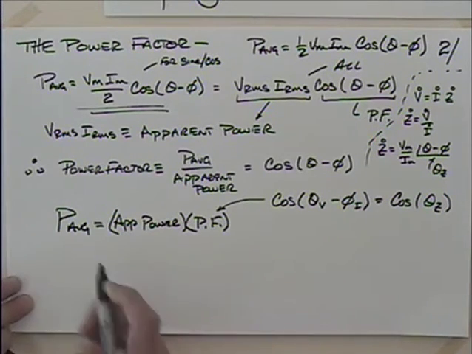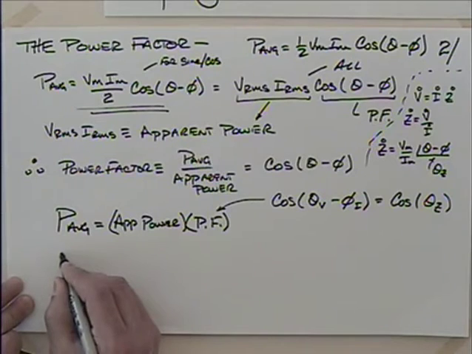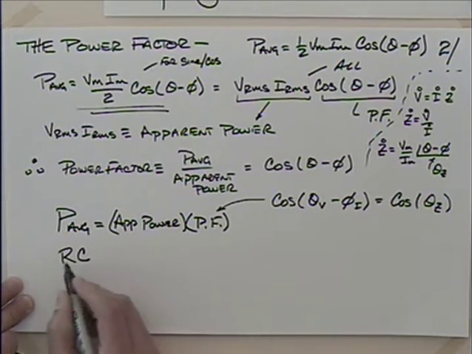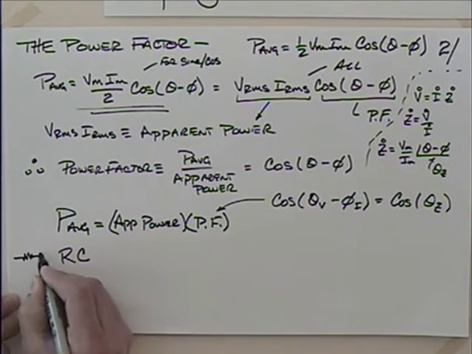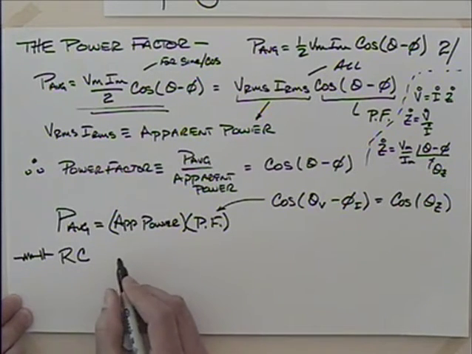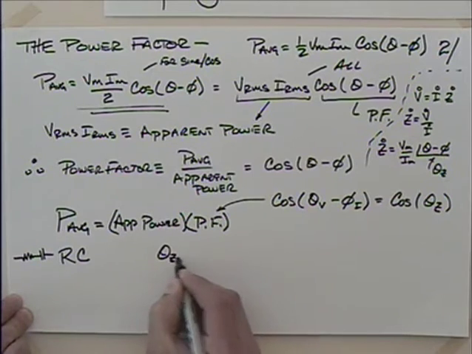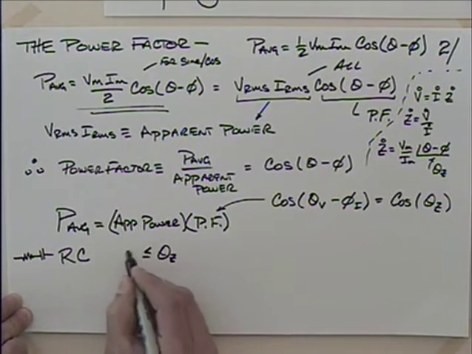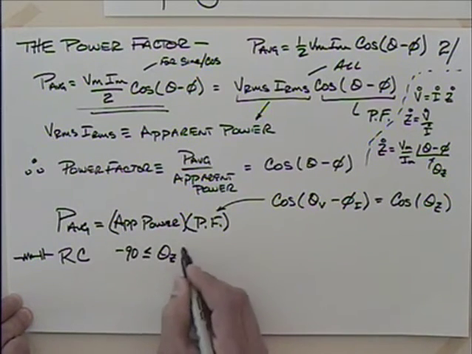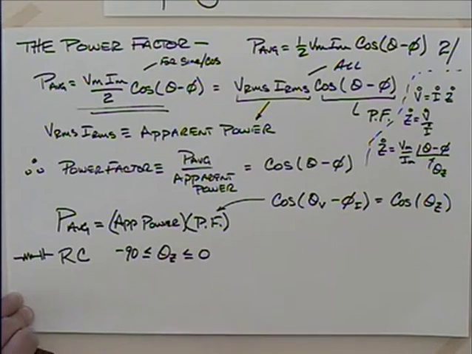So with that, if I have an RC circuit, so we've got resistors and capacitors, you're going to have a theta sub z that's what? Somewhere between minus 90 and 0, right? If it's predominantly resistive, it'll be 0.